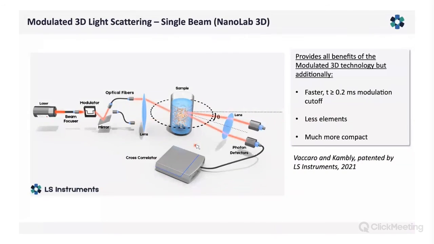Okay, I have a few more slides, just more different variants and applications. So one is that, as I mentioned before, if you drive this a little bit farther and you want to work with a single modulator, this has been implemented by LS Instruments. I've not been involved in this, just to complete the story. You can use the modulator not only to turn the light on and off, but also to change direction.